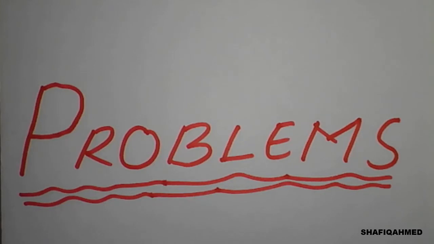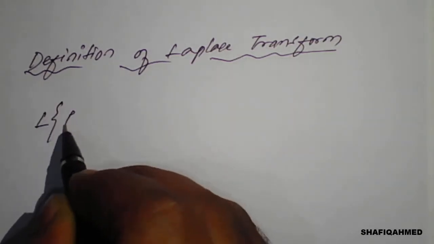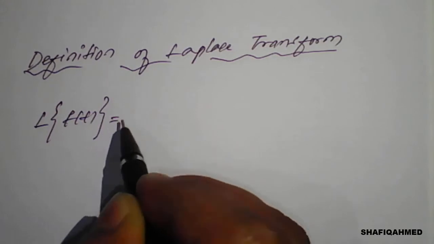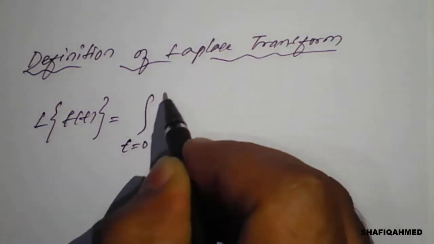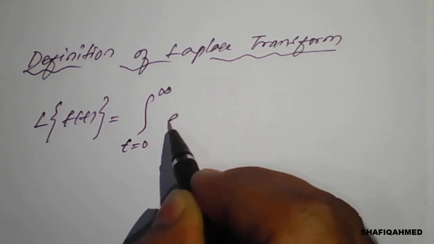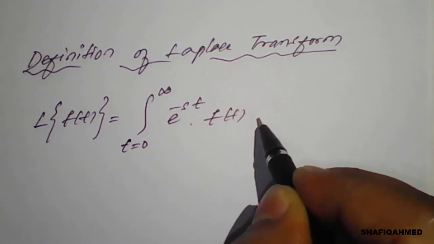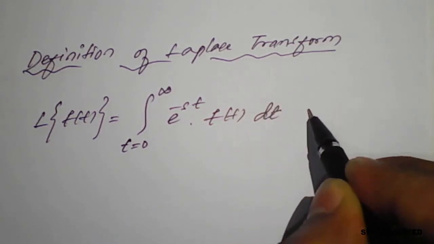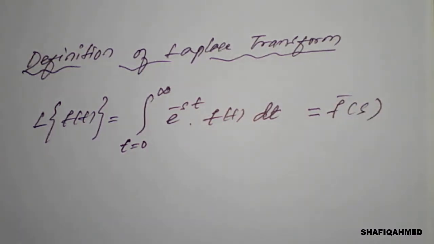As we know, the definition of Laplace transform is L of f of t is equal to integration t from 0 to infinity e raised to minus st f of t into dt, which is nothing but F of s.